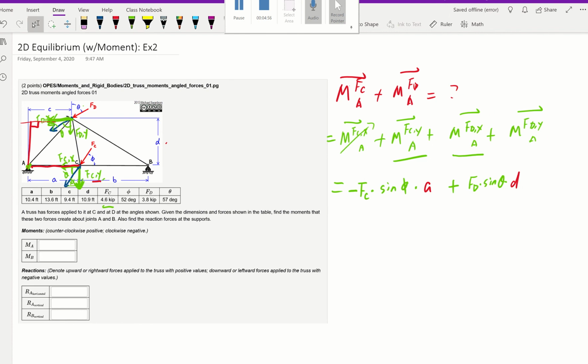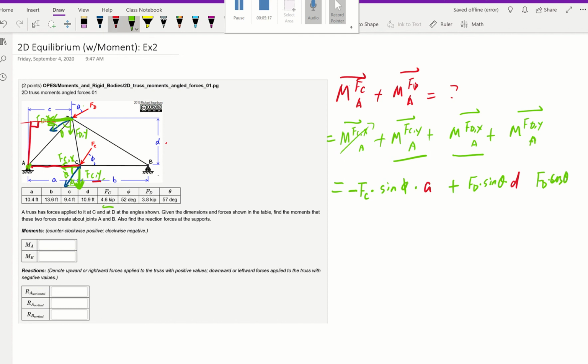Now let's look at the last one, FDY. FDY is going to be cosine, right? FD times cosine theta, because it's adjacent.